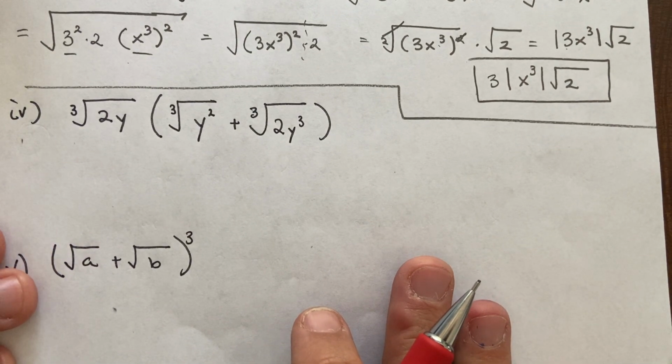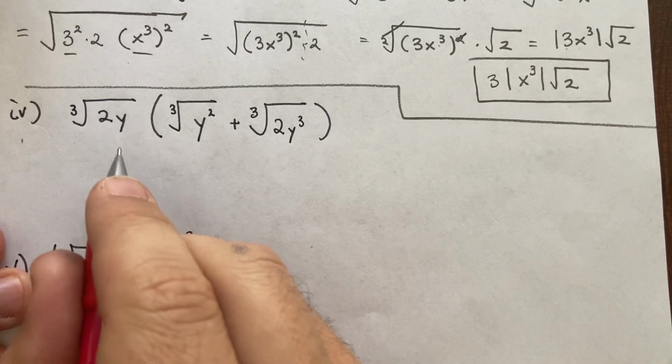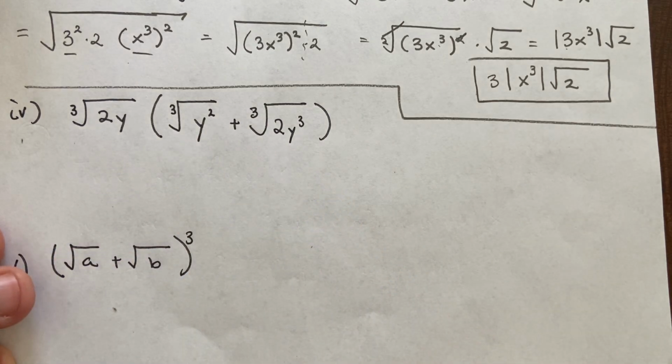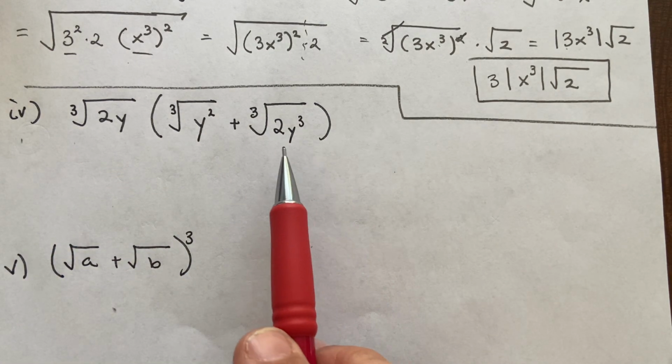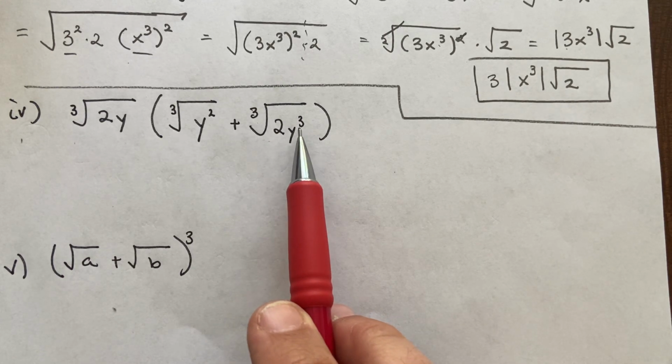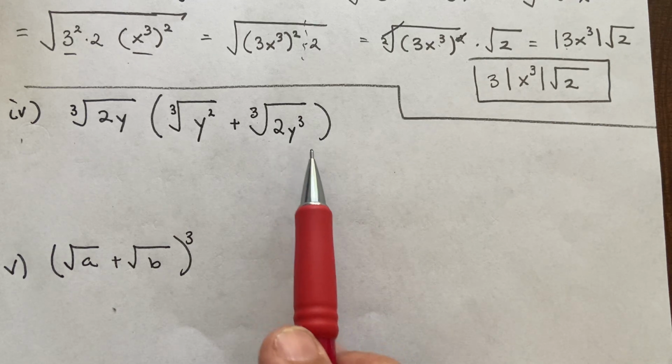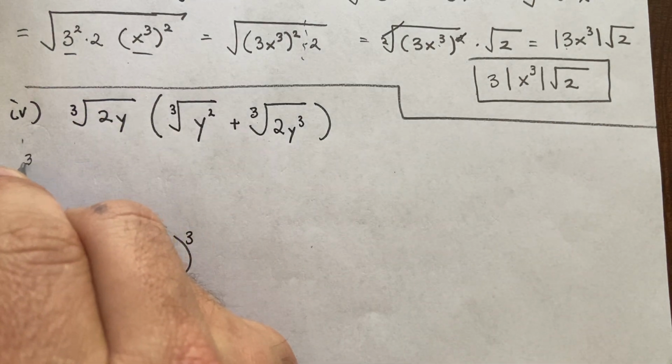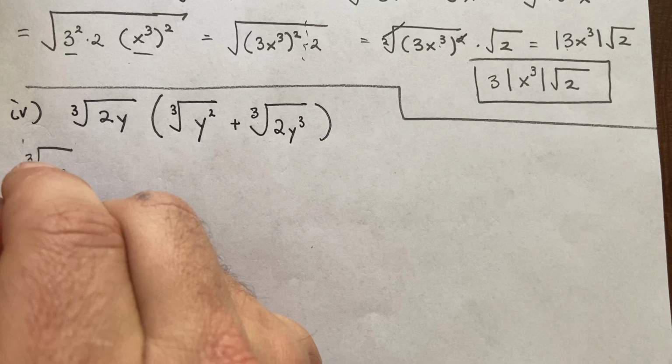All right, part 4. Basically, I need to distribute, and then I'll do some simplifying. And actually, I can do some simplifying right up front if I want, right? I have the cube root of something with y cubed in it. So you could just simplify even before you distribute.